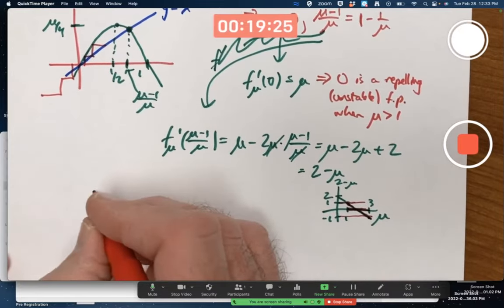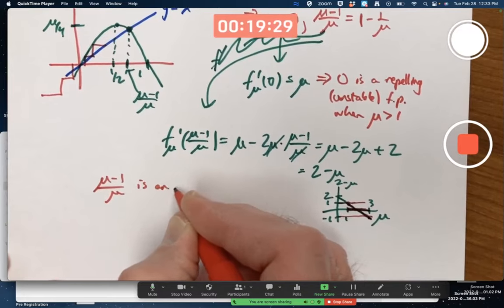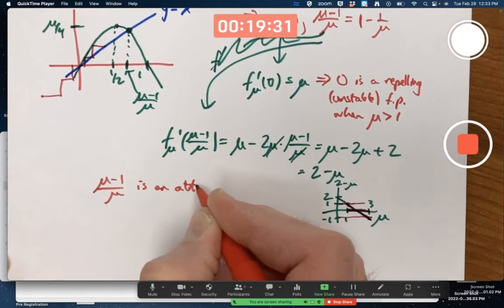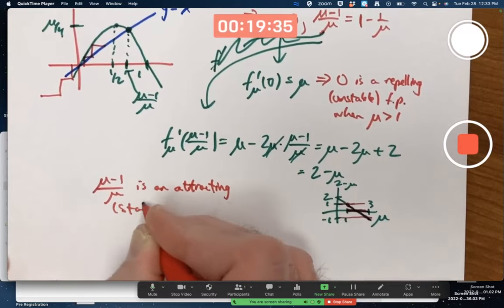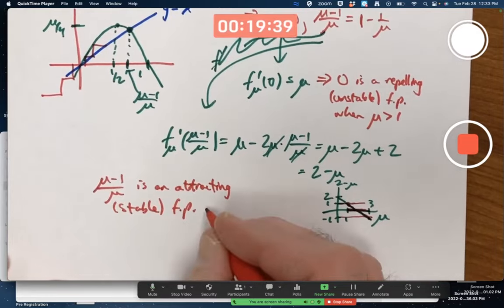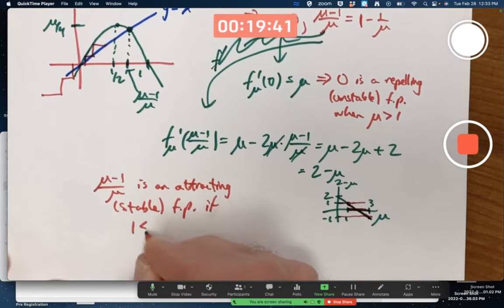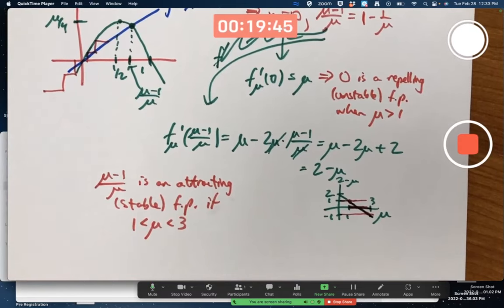Yeah, mu minus 1 over mu is an attracting, also called stable, fixed point. FP again means fixed point. If mu is between 1 and 3. And it would be repelling, unstable, if mu is not between 1 and 3.